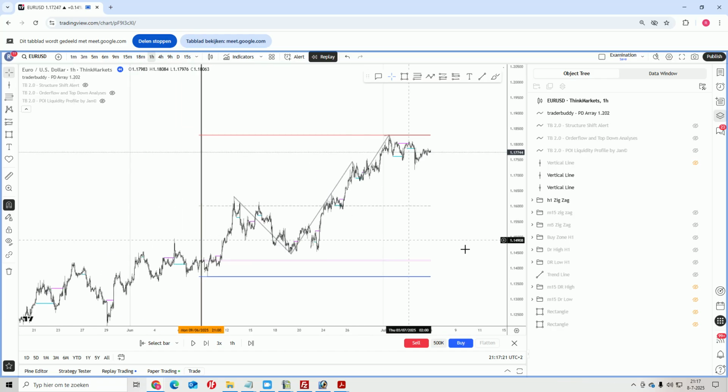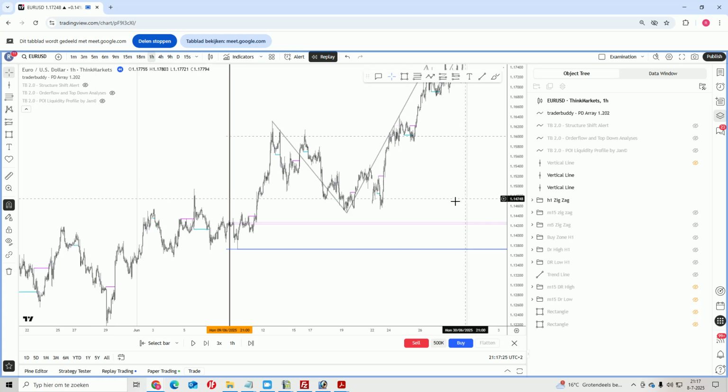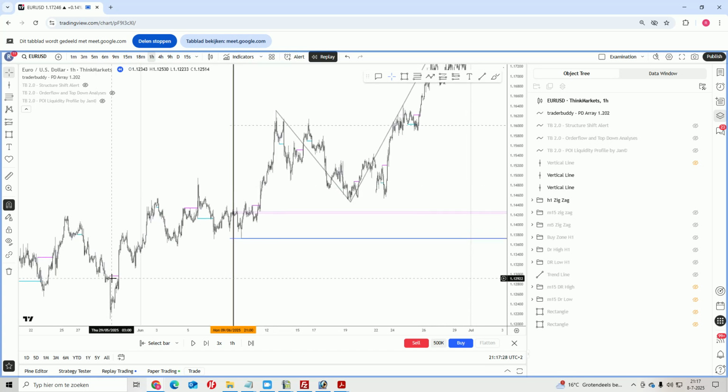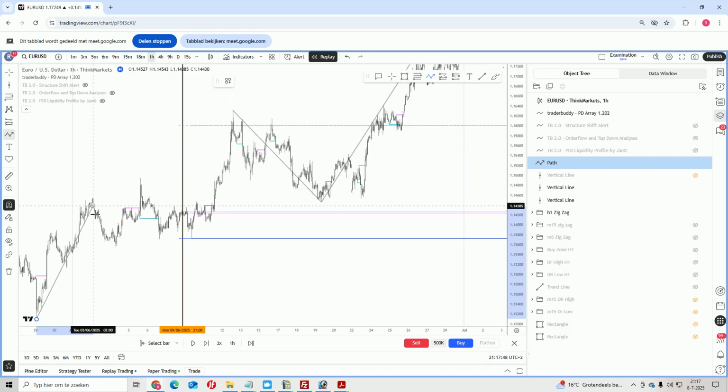So, if we want to mark off the structure, the dealing range structure, I told you guys that after a break of an old high, we wait for the break of an old low. So our zigzag structure is easy to follow, because if we have a break here of an old high, we follow price just as long as we break an old low, which we do over here, indicated by the aqua line.